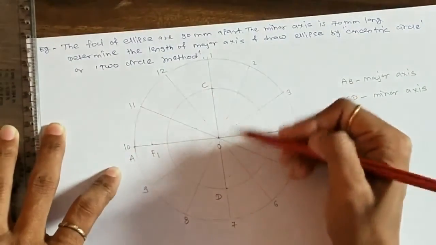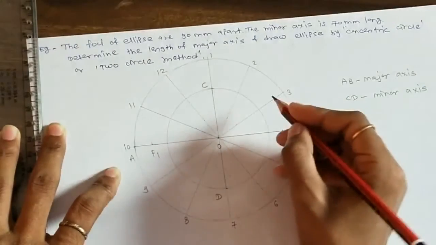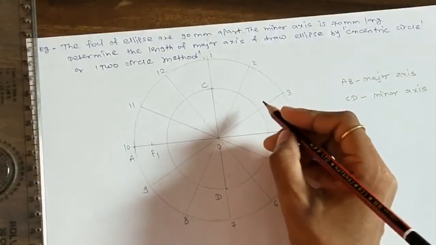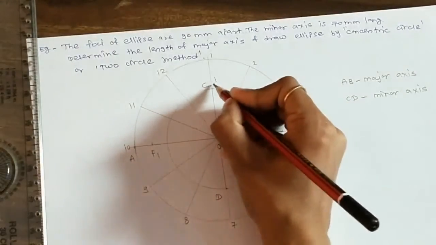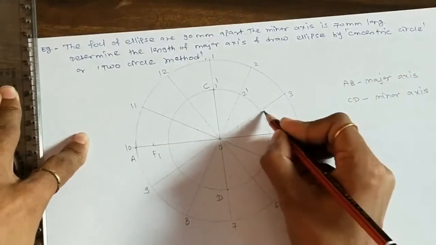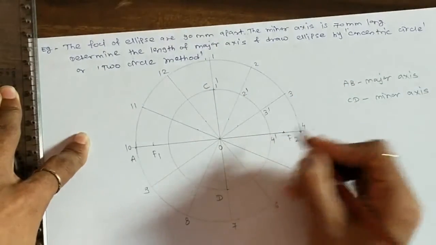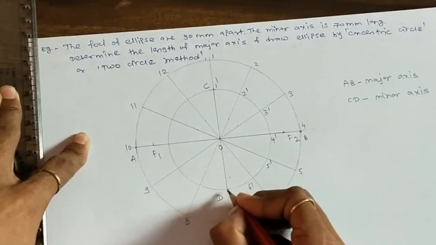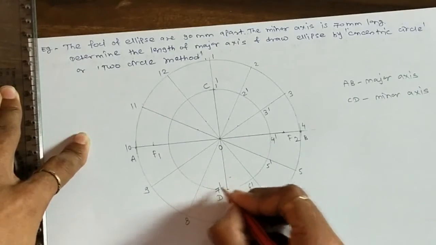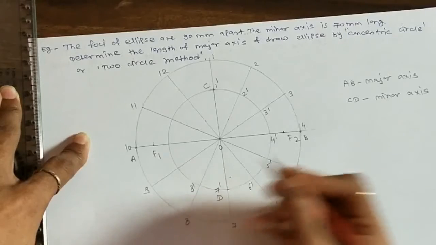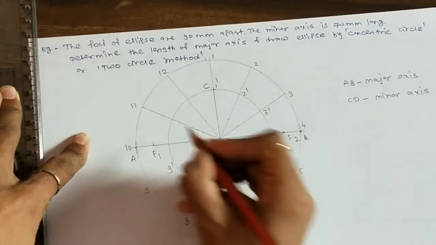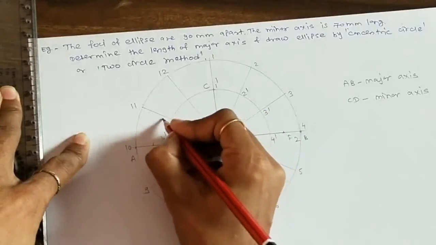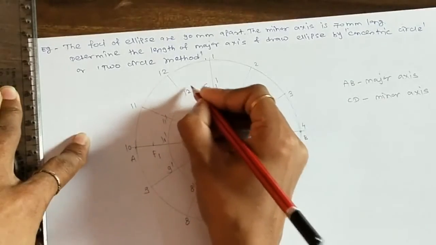Now these lines touching the minor axis circle, give their names as 1 dash, 2 dash, 3 dash, 4 dash, 5 dash, 6 dash, this is 7 dash, 8 dash, 9 dash, 10 dash, 11 dash and 12 dash.